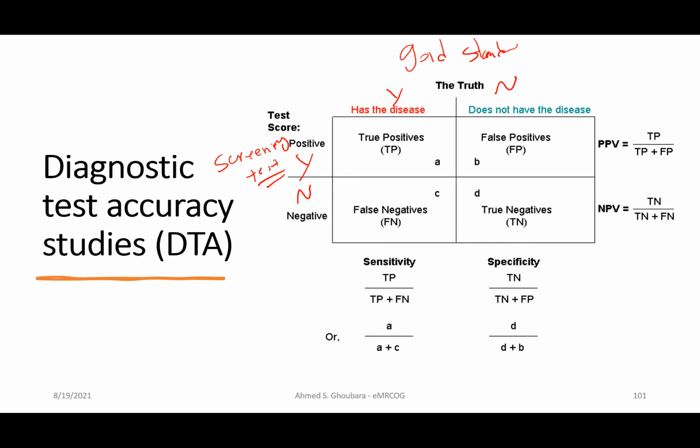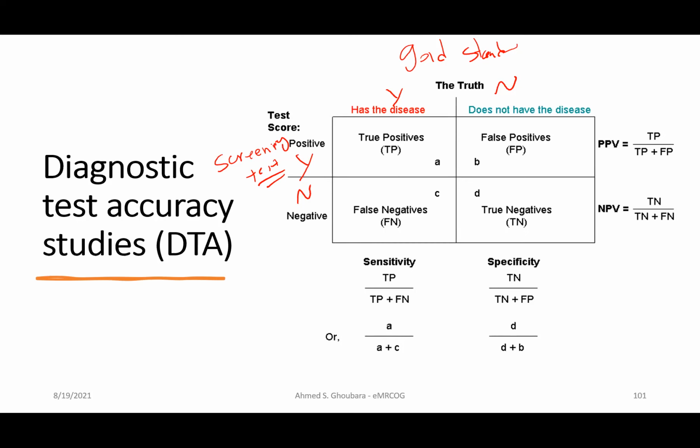Screening test positive means endometrial thickness is above 4 millimeters, and screening test negative means less than 4 millimeters. You take a biopsy from both groups, and using histopathology you determine which patient has hyperplasia or cancer and which patient doesn't have disease.